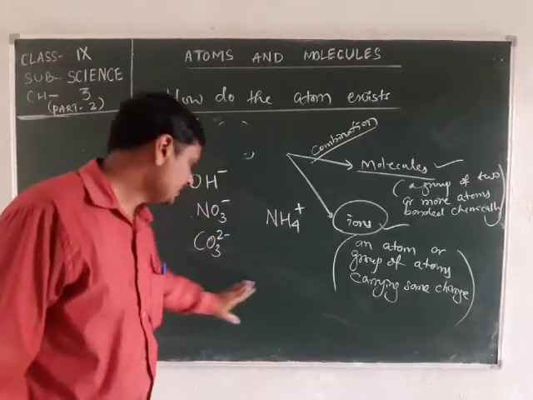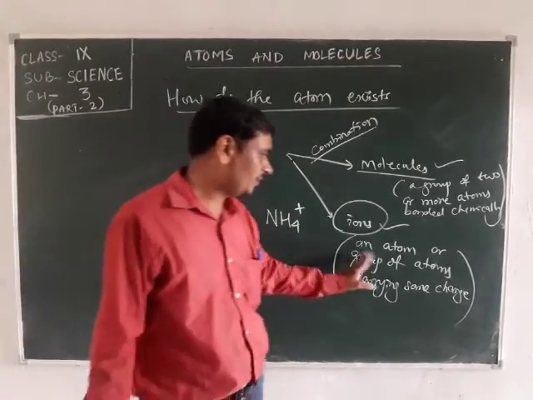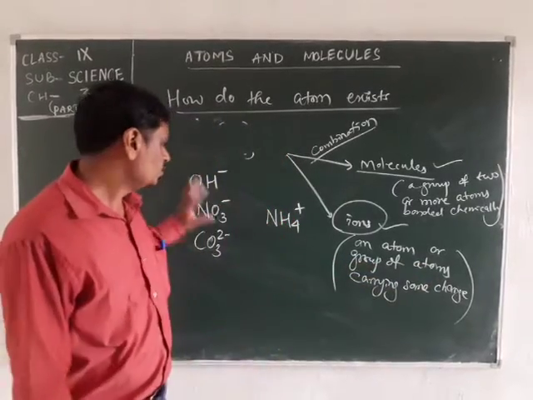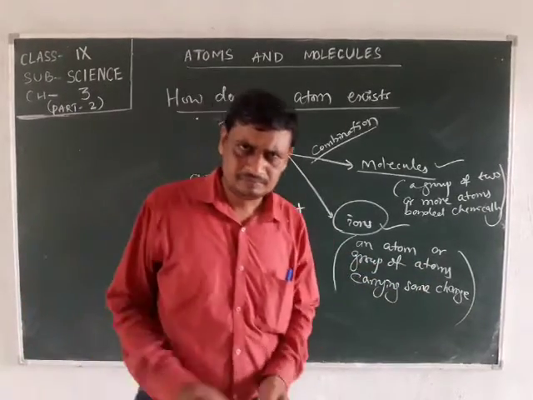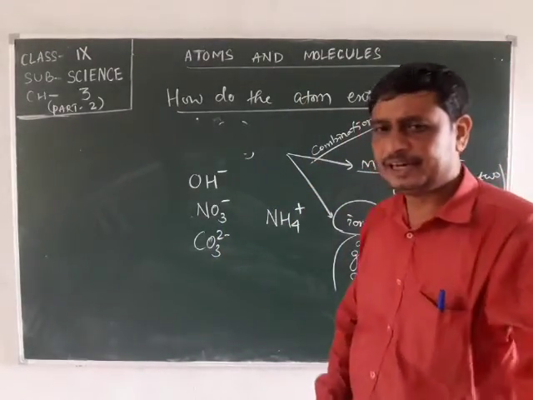These are ions formed by a group of atoms. So ions may be formed by single atoms or by a group of atoms.